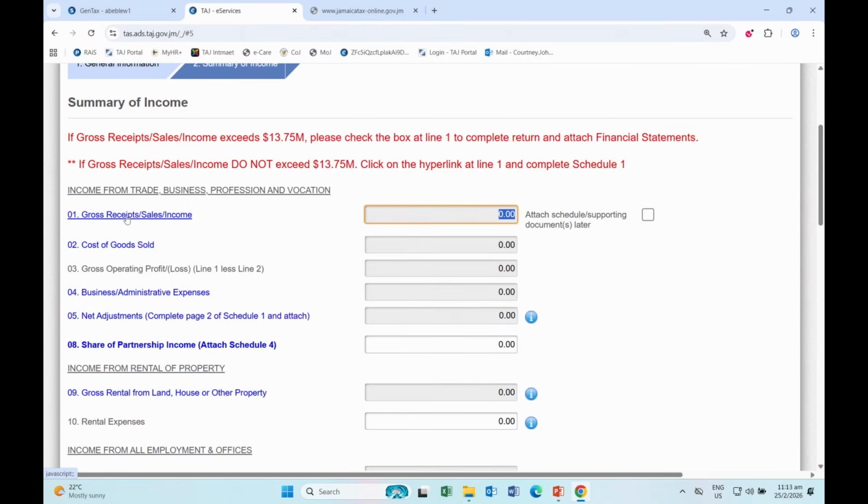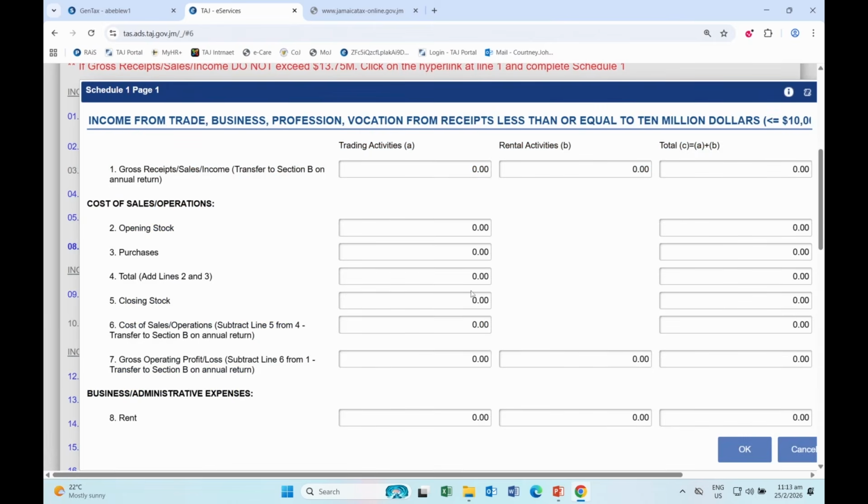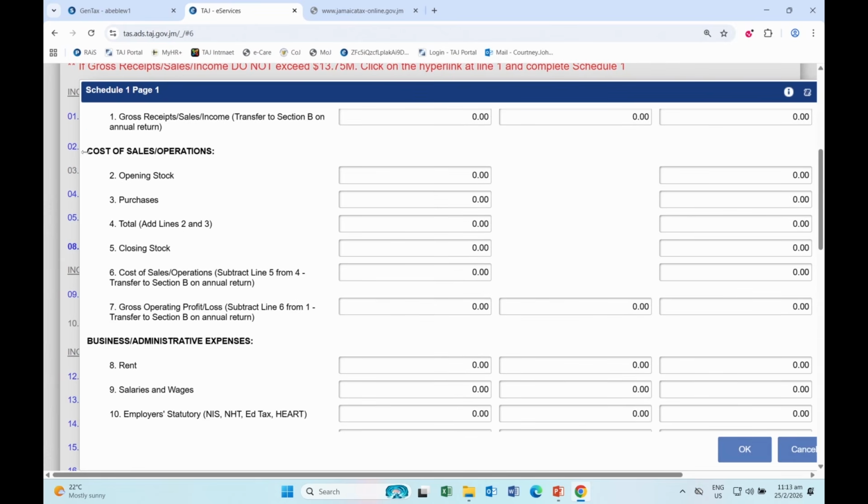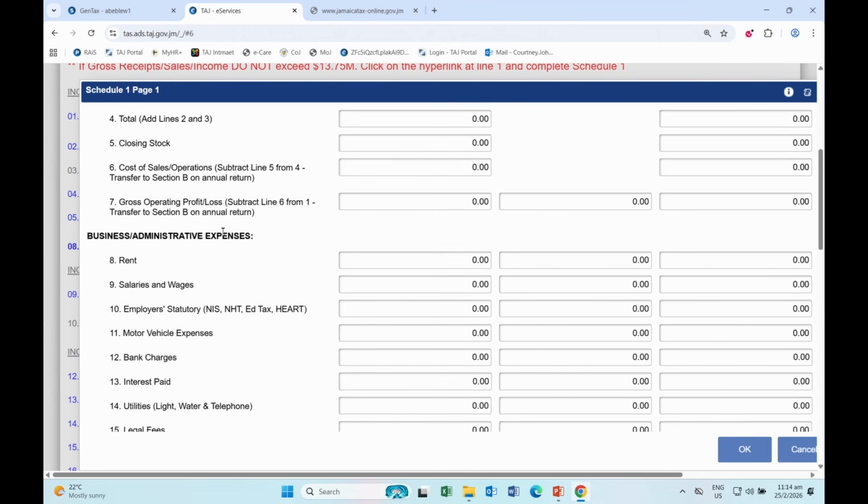So let's go to gross receipts, sales, income. Now on this screen, there are 3 columns: trading activities, rental activities, and the total of both of them. There is also information that will capture the cost of sales or cost of operations and business administrative expenses.